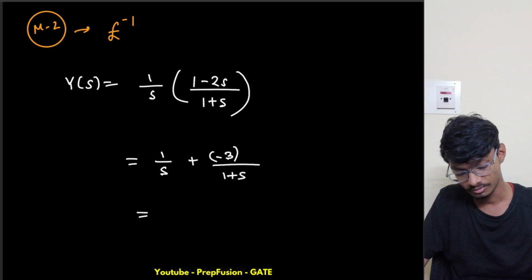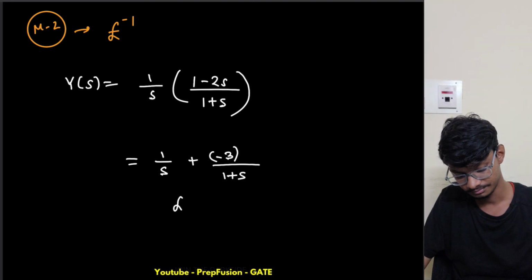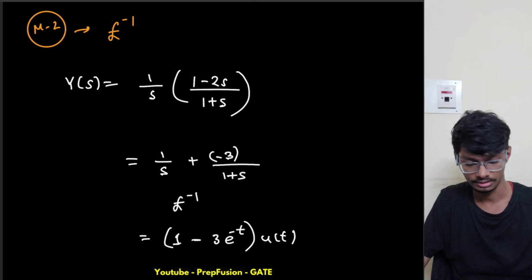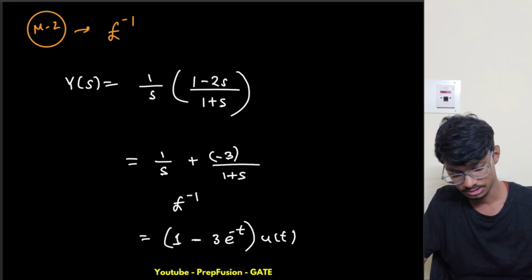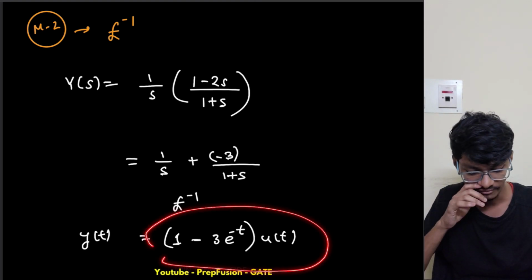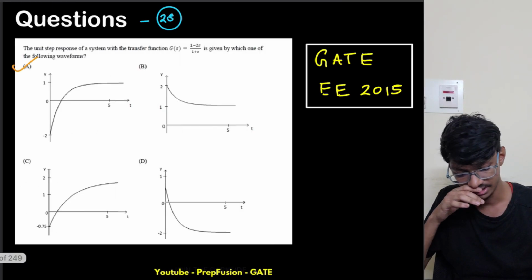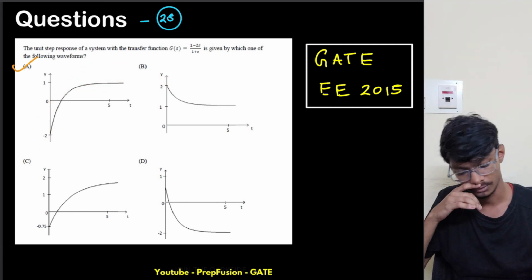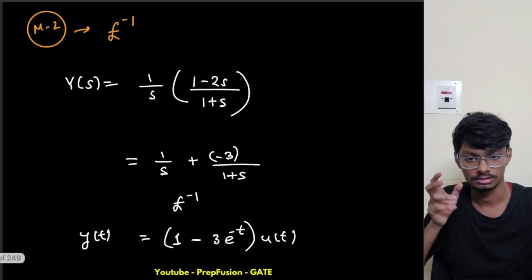Okay, so taking the Laplace inverse of this, what we get is 1 minus 3 e raised to power minus t into u of t, right? So this is basically the step response. If we see this graph, you will see that it is settling to 1 and starting from minus 2, following this curve only. So like this also you can find it out.